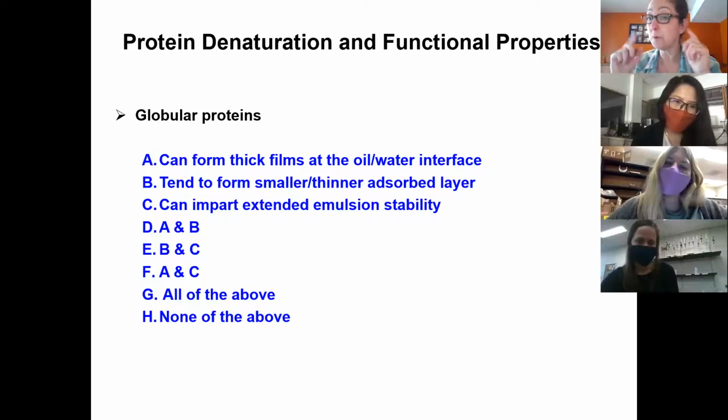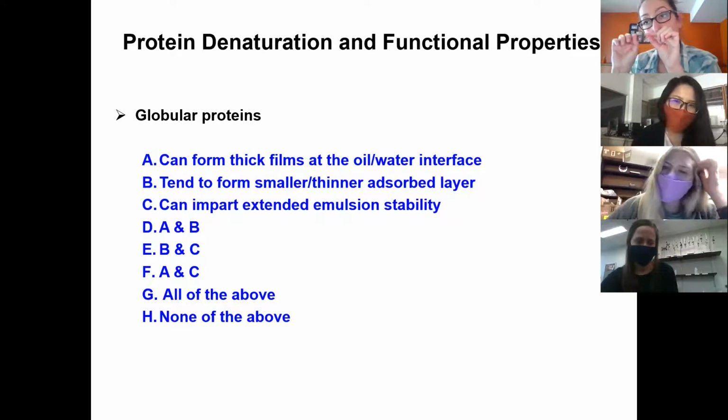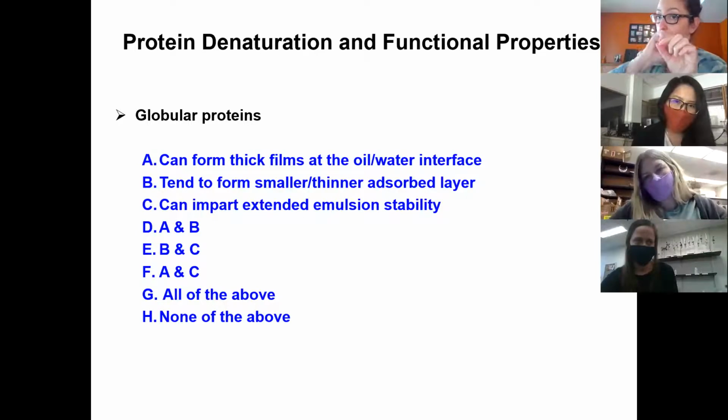And if the protein is your emulsifier, several proteins will start forming a film around your oil. So the more proteins make it to the surface around the oil, the thicker is the film. The thicker the film, the more stable is your emulsion.